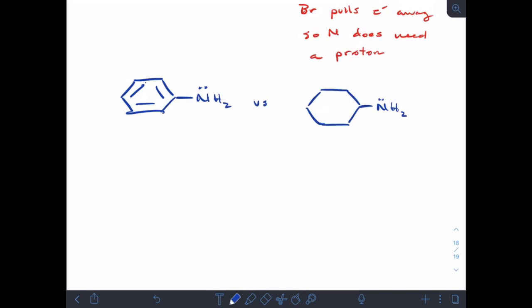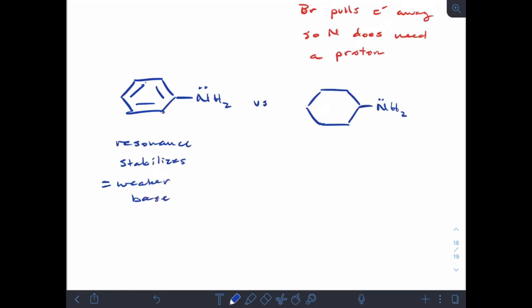They're not actually staying in place. So we have resonance here. And what happens when we have resonance? Resonance stabilizes things. Resonance stabilizes, so it's a weaker base.